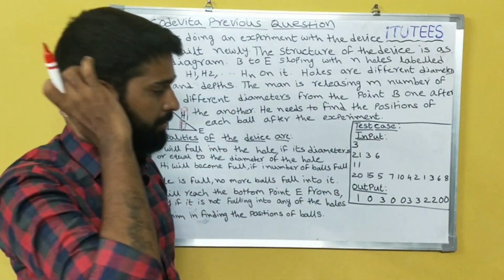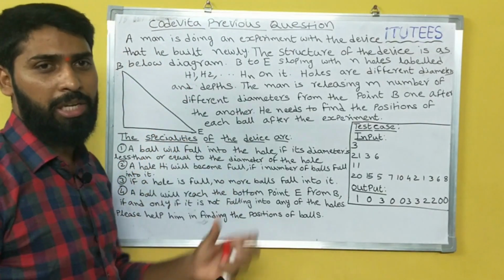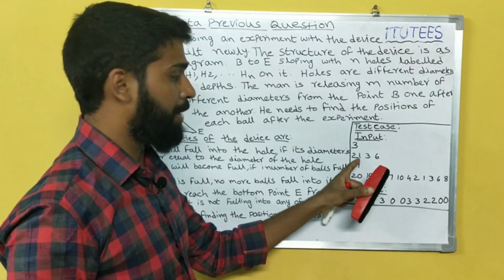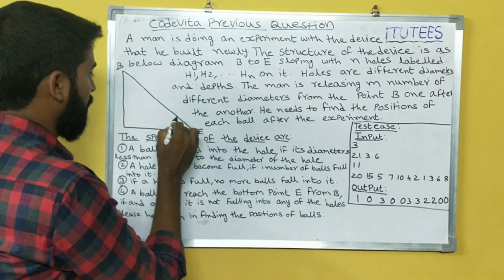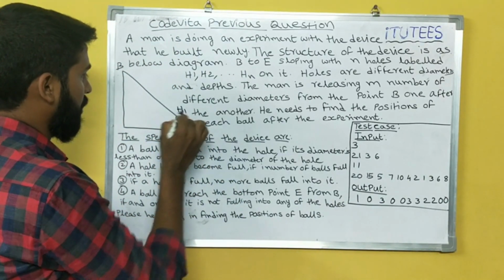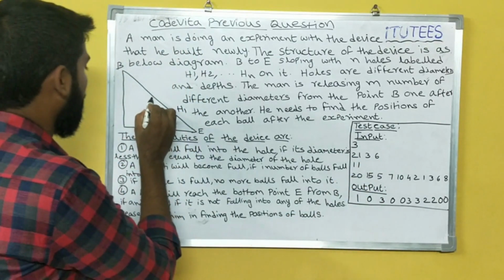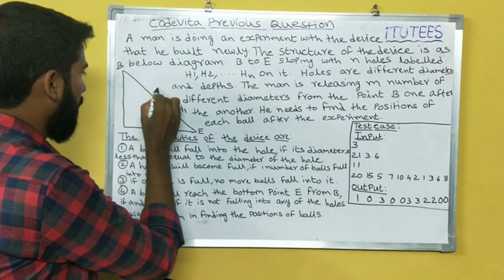This is the test case. Input 3. That means this device has 3 holes. The first hole diameter is 21, so this is the hole H1. And the second hole diameter is 3, so this is H2.